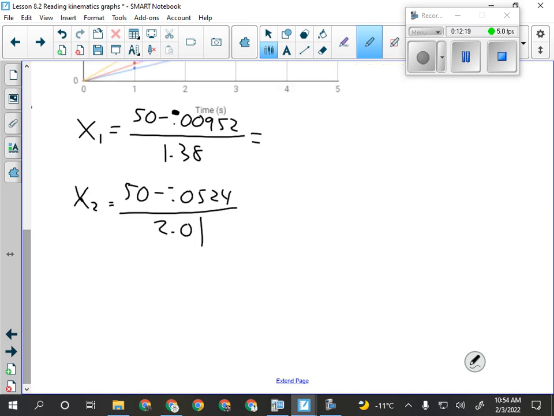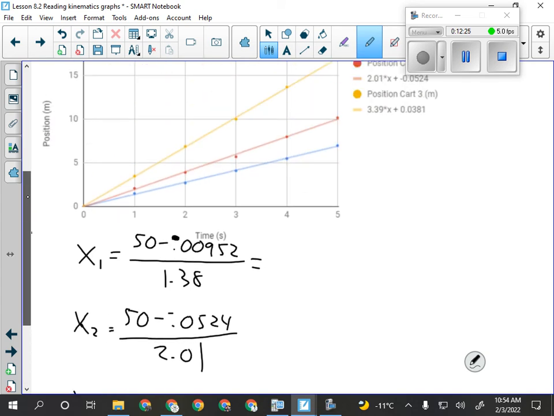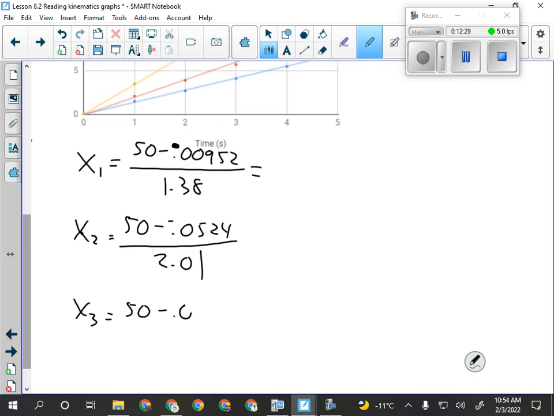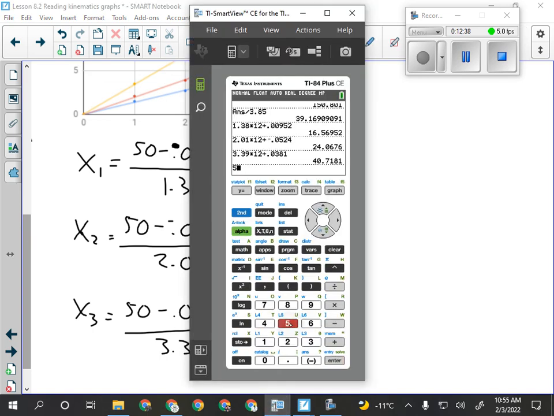And then for the third cart, we're looking at 50 minus 0.0381 over 3.39. So 50 minus 0.00952 divided by 1.38. It's 36 seconds.